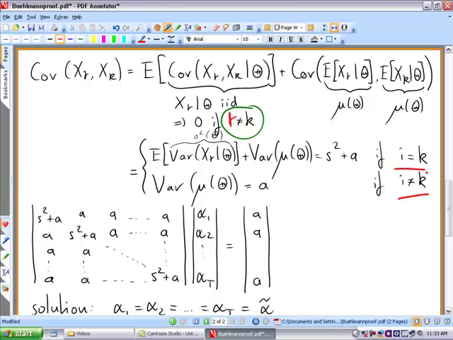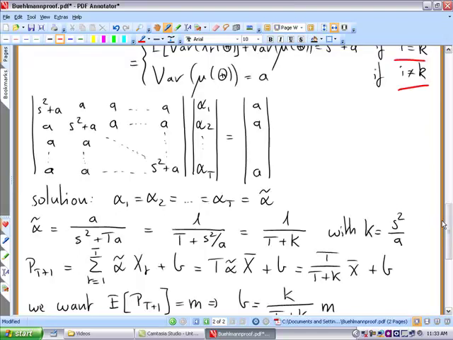Now, if t is different from k, this is 0, and we still have the variance of mu of theta, which is equal to a. So you can rewrite these matrices as the matrix of the variance covariances. The variances are s squared plus a, and all the covariances are equal to a. And here you have the covariance of each of the x's with the one of next year, and that's a again.